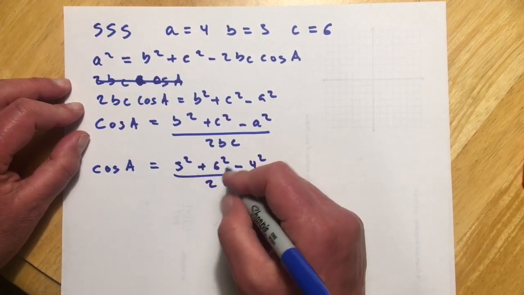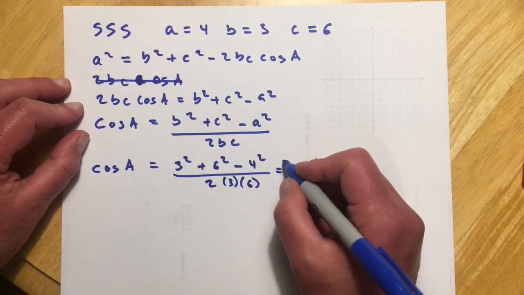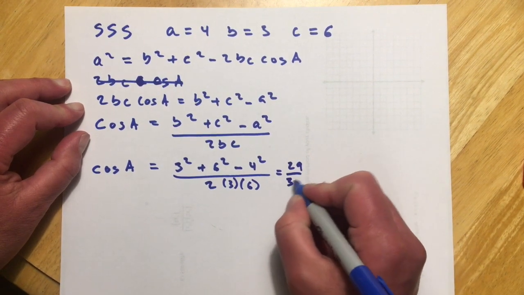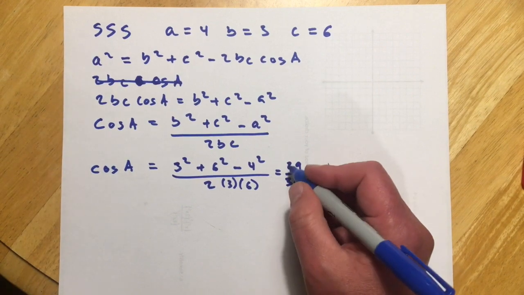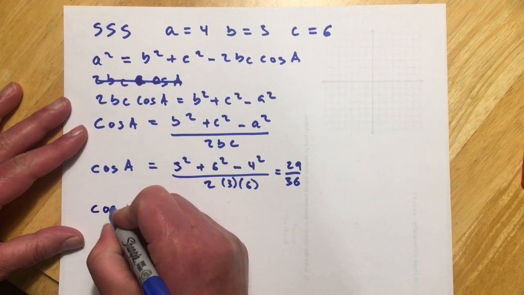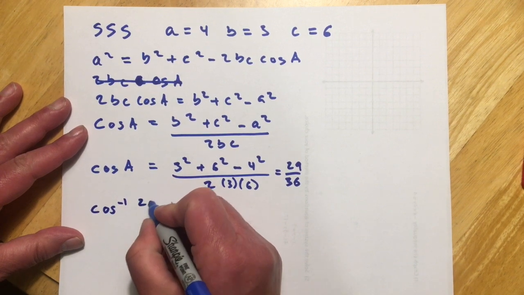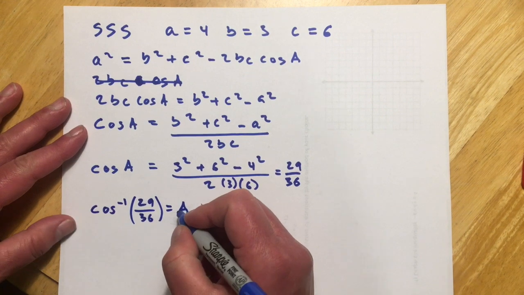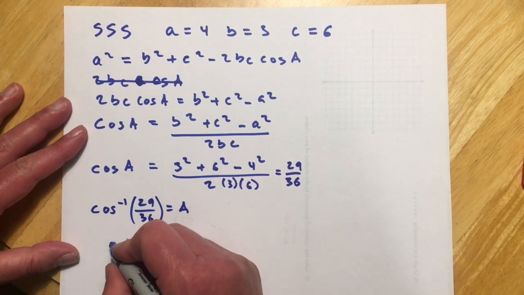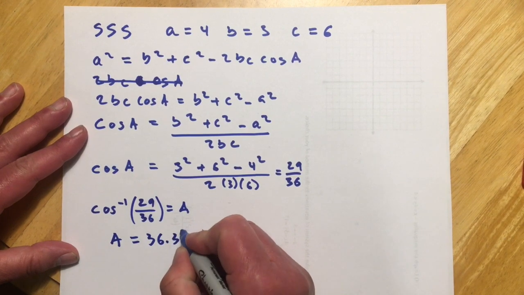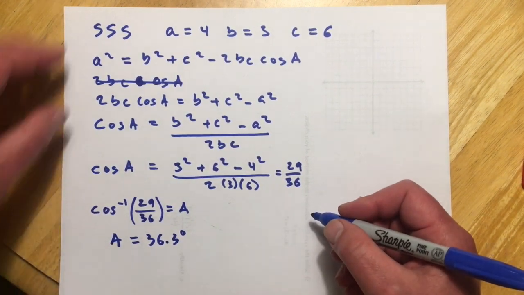I did the 9 and 36 minus 16 and got 29, and 6 times 6 is 36. It was easy enough to get an exact value on this one, there was no root. So then I can do inverse cosine of 29/36 to get A, and when I put that in the calculator, I get A equals 36.3 degrees.